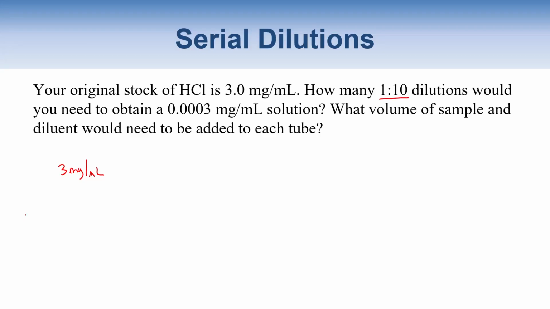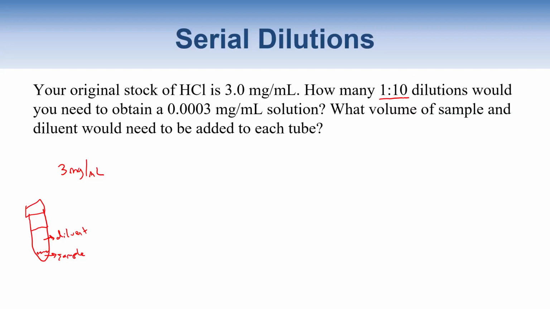So in a 1 in 10 dilution, we have a tube that is 1 part, so 1/10 is the sample, and the rest of the tenths is the diluent. So if we use mLs again, that would mean that 1 ml is the sample and 9 ml is the diluent. Why is it not 10?